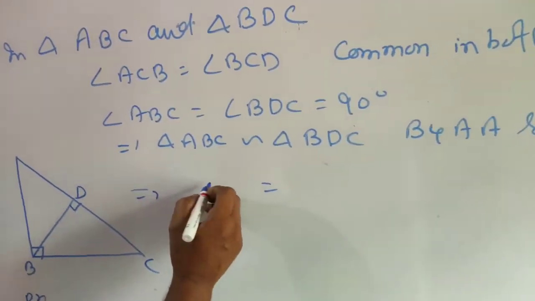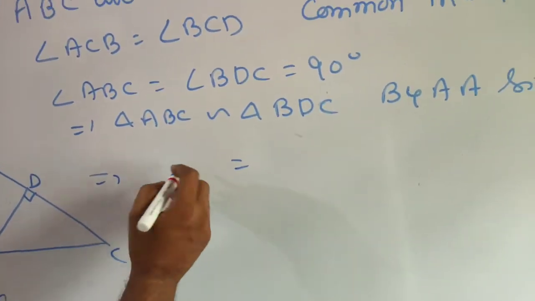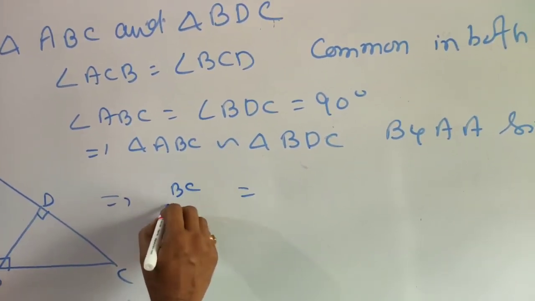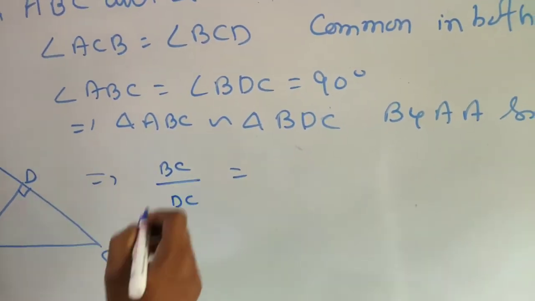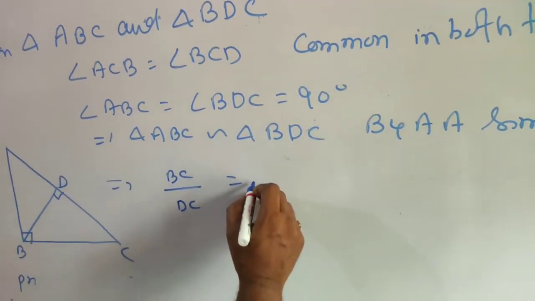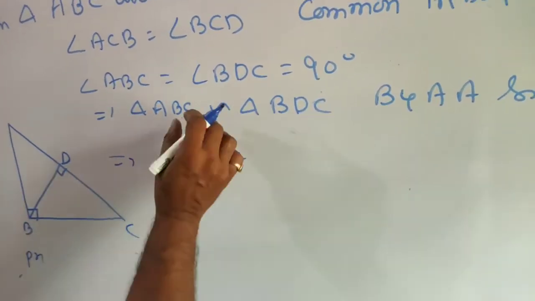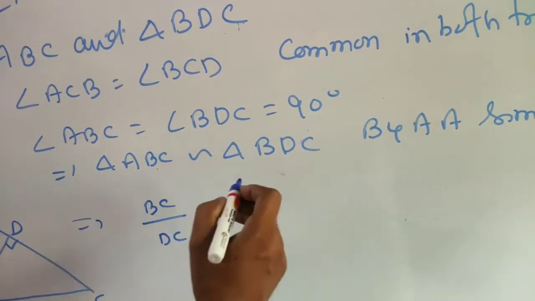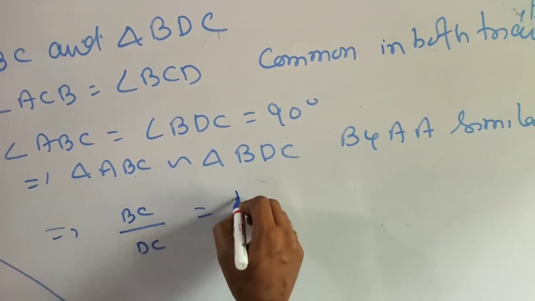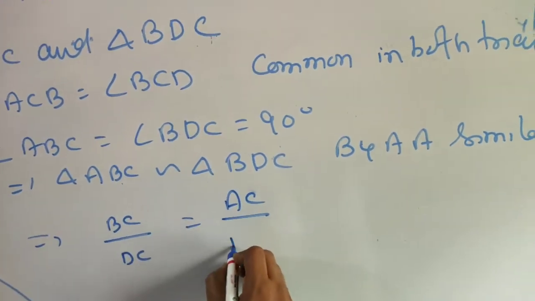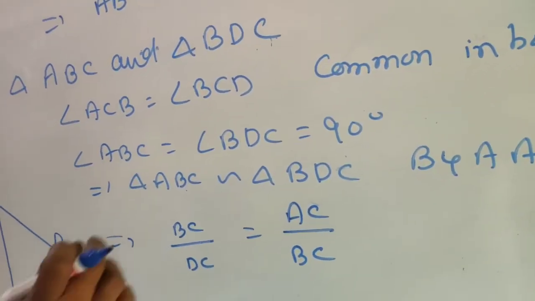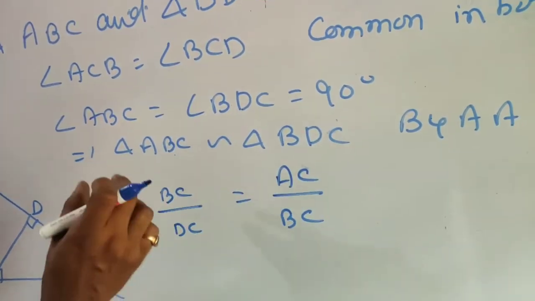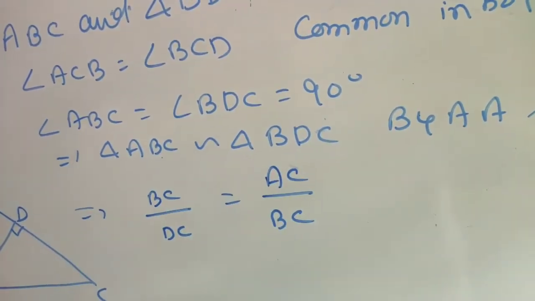Here you will take BC by DC is equal to, taking the corresponding sides, AC by BC. See here, BC by DC is equal to AC by BC.